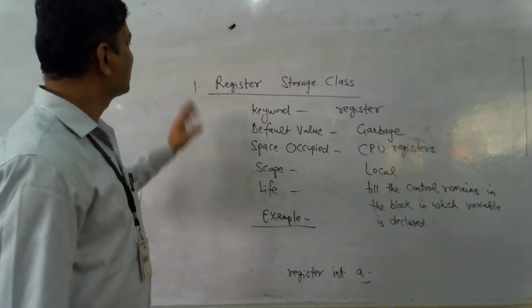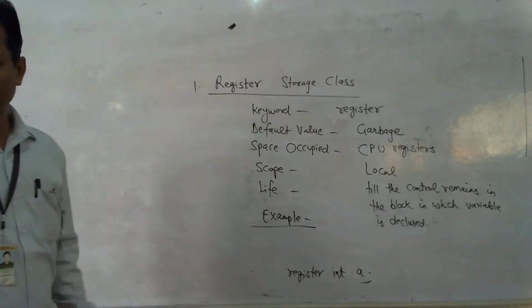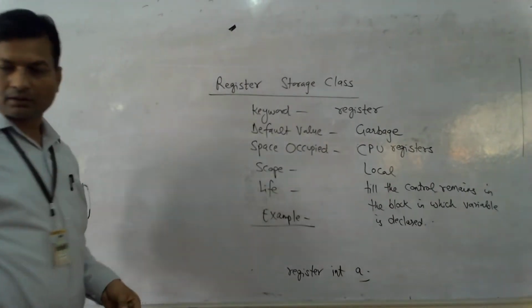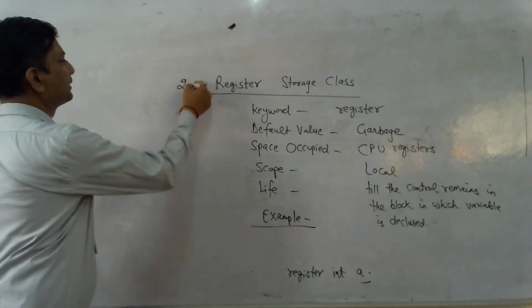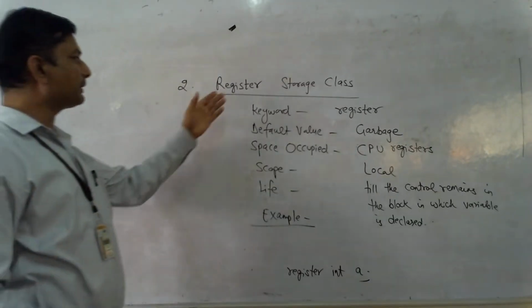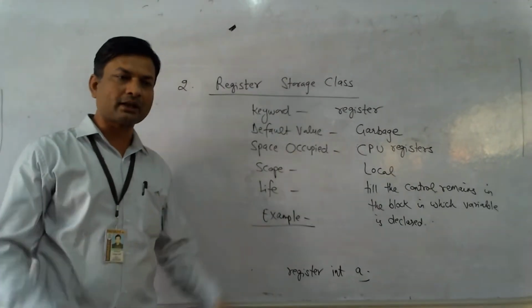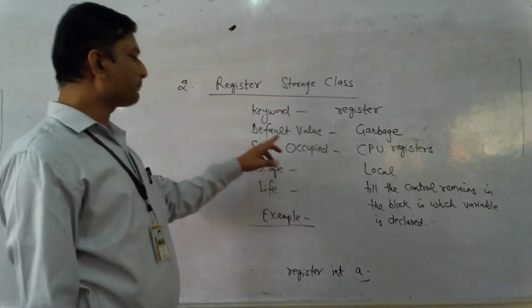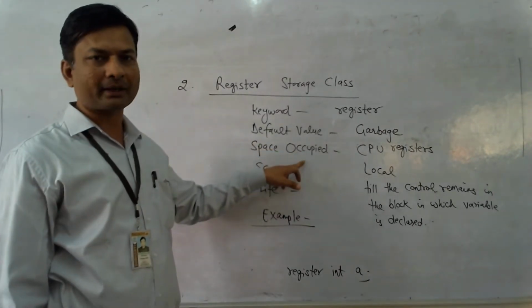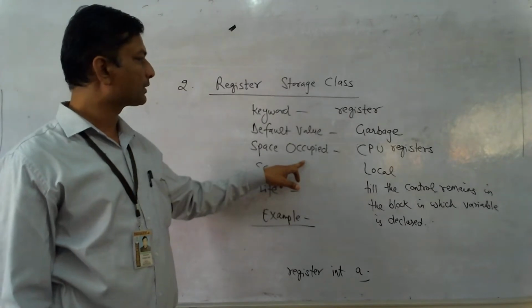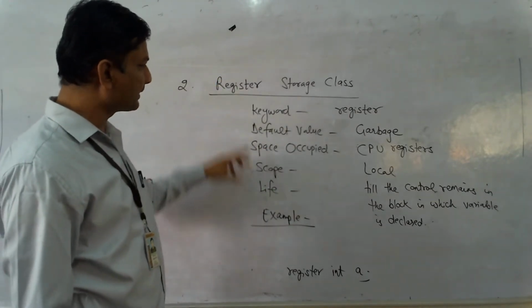So, if we compare an automatic storage class variable and a register storage class variable, the only difference is the place where that variable will occupy space. Otherwise, the rest of the things are the same, excluding the keyword.